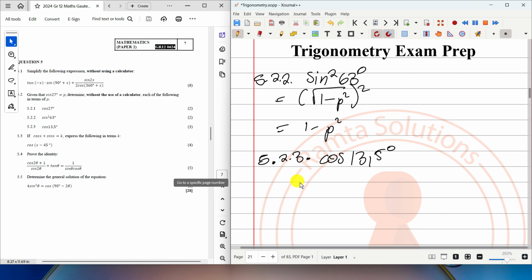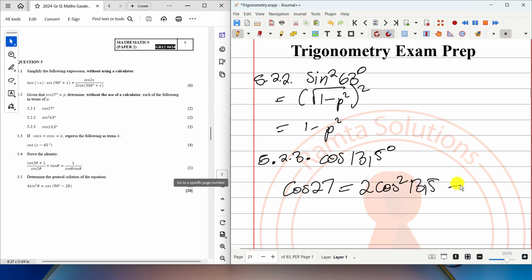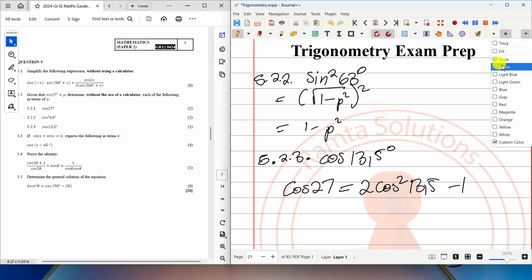We can say, since this is cosine, we know cos 27 is equal to 2 cos square 13.5 minus 1. I need to explain this because I think it's important.